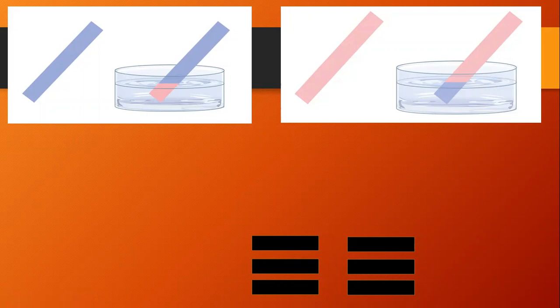Yes, Najat. It's an acid, exactly. So the acid will turn the blue litmus paper into red.